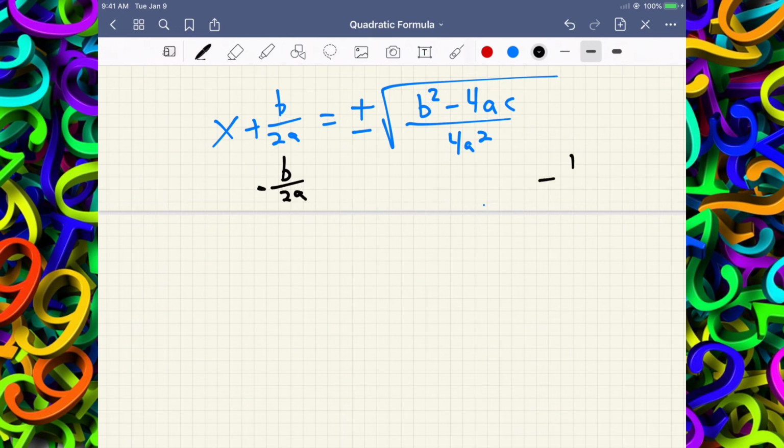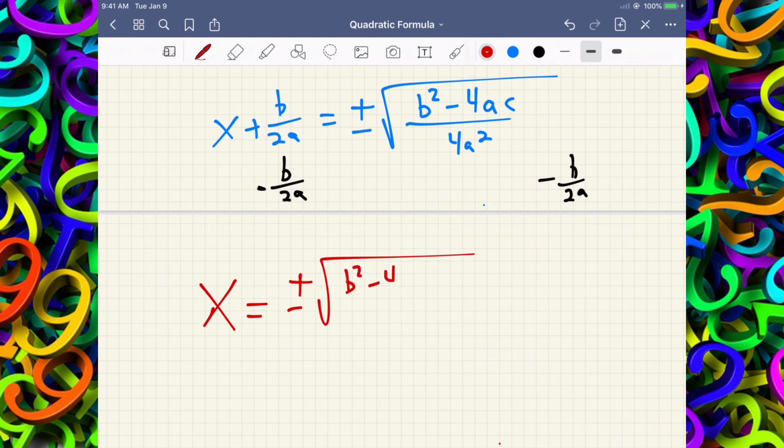We're also going to have to subtract it on the other side of our equation. And let's simplify again. We finally have x equals something. Plus or minus square root of all that stuff minus b over 2a. Great.